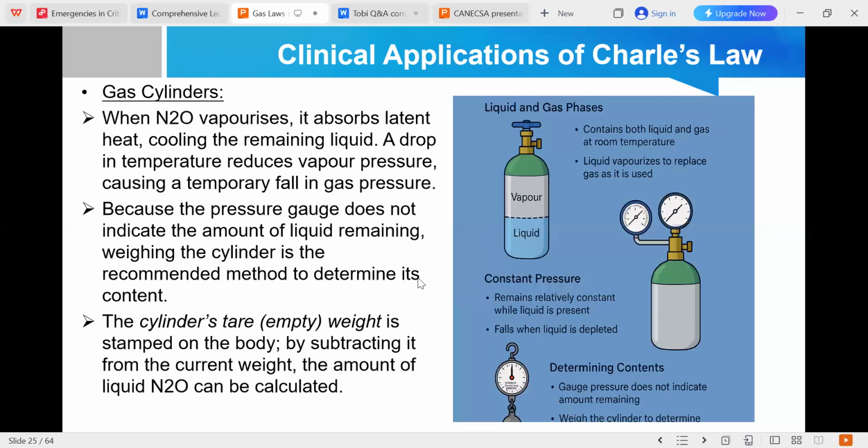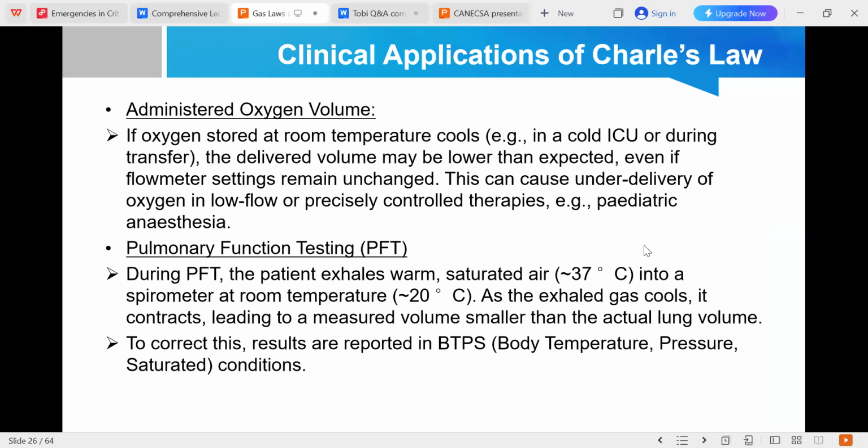One of the safety features of our gas cylinders is that every cylinder has a tare weight attached to it. So if you subtract the tare weight from the current weight of the cylinder, you can determine the amount of liquid nitrous oxide that is remaining in the cylinder. You can see that in the picture on the right side of the screen.